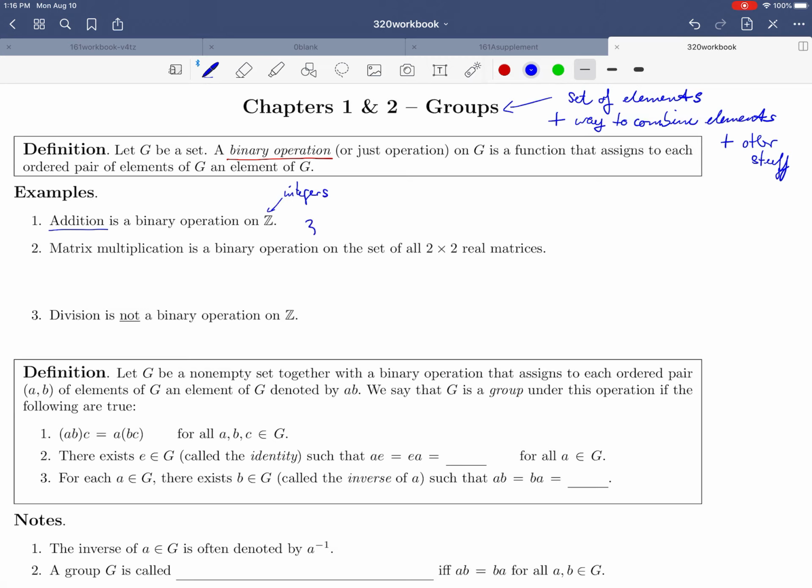So you take two integers, let's say 3 and 4, and we can add them, and out comes 7. That's again an integer. So both 3 and 4 are integers, and so is 7. So all of those are integers. And addition is our binary operation that we're using to combine those elements in our set of integers.